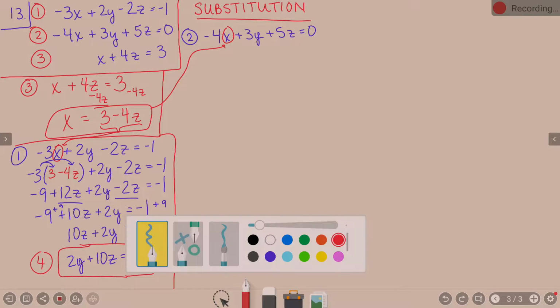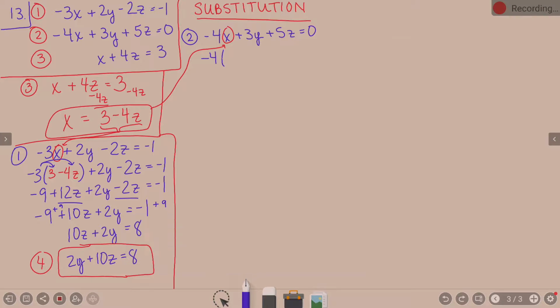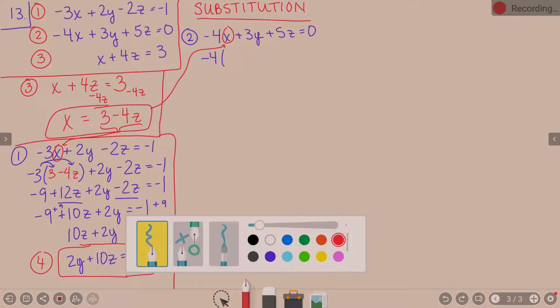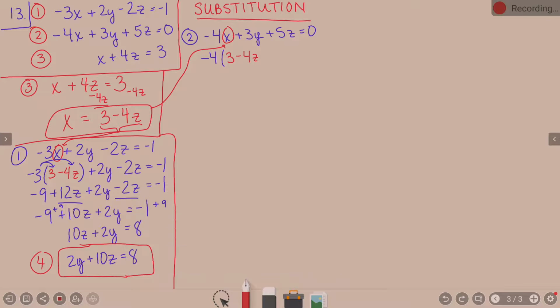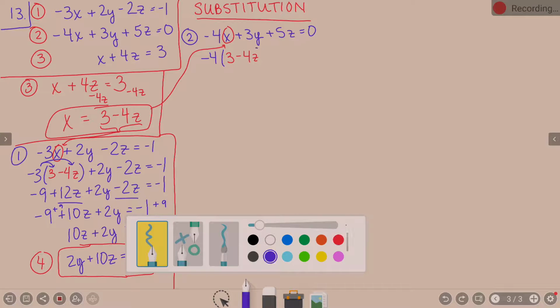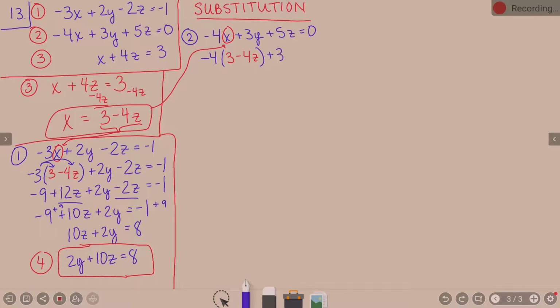So, write this equation out. -4x, except x is 3 minus 4z. Finish writing your equation. It's still plus 3y. It's still plus 5z. And it equals 0.